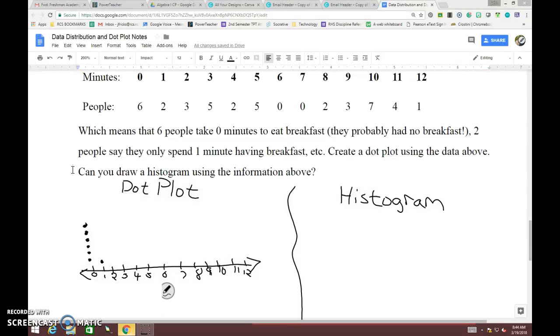So at 1 minute, we're going to put 1, 2. For 2, we're going to put 3. And then for 3, we're going to put 5. And we would continue this pattern all the way across. Let's see if we can finish it out. All right, so go ahead and see if you can finish this out, and then I'll have it finished when you restart the video.